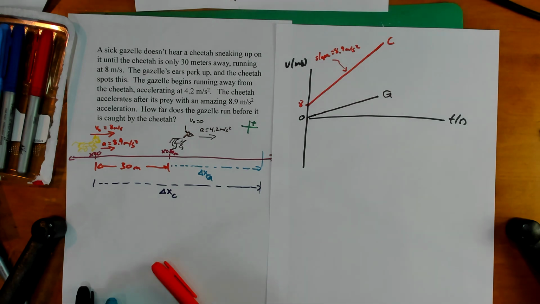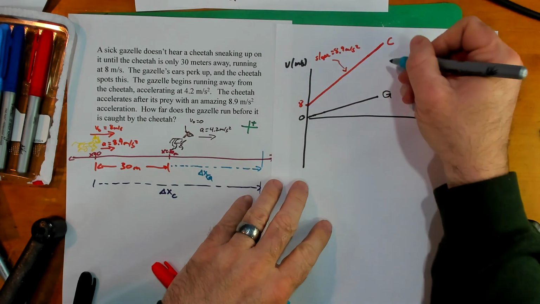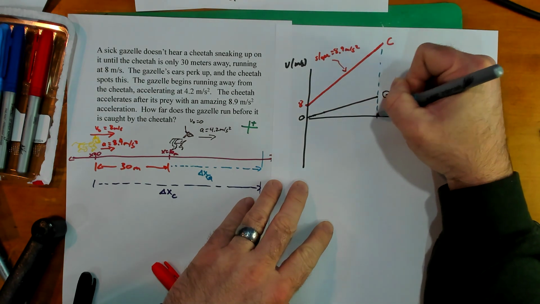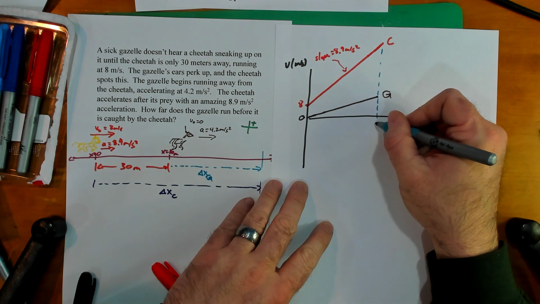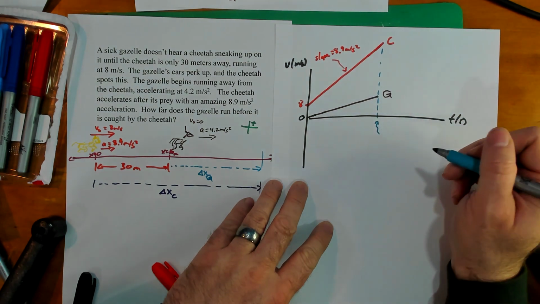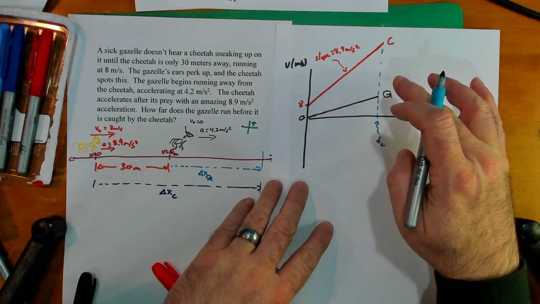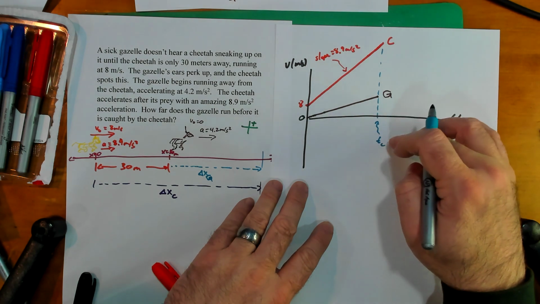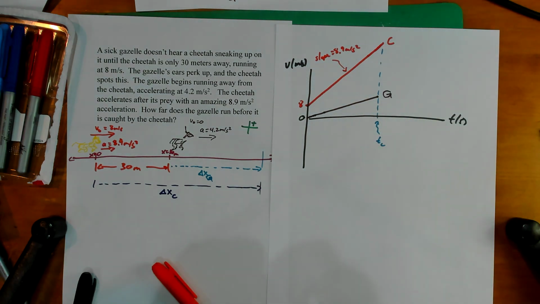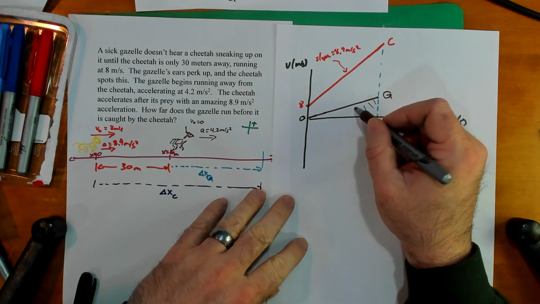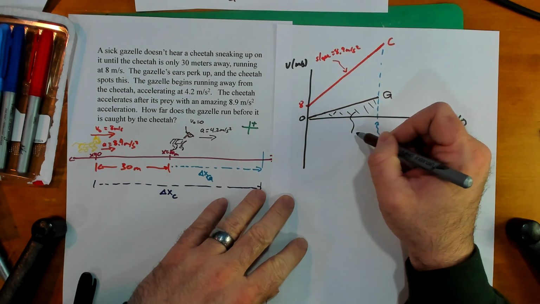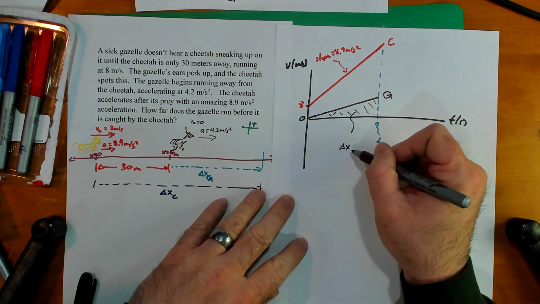Okay. And then here is that magical time, that critical time when the gazelle gets caught by the cheetah. Now the special stuff we know is that the area under the gazelle's VT graph is the displacement of the gazelle.